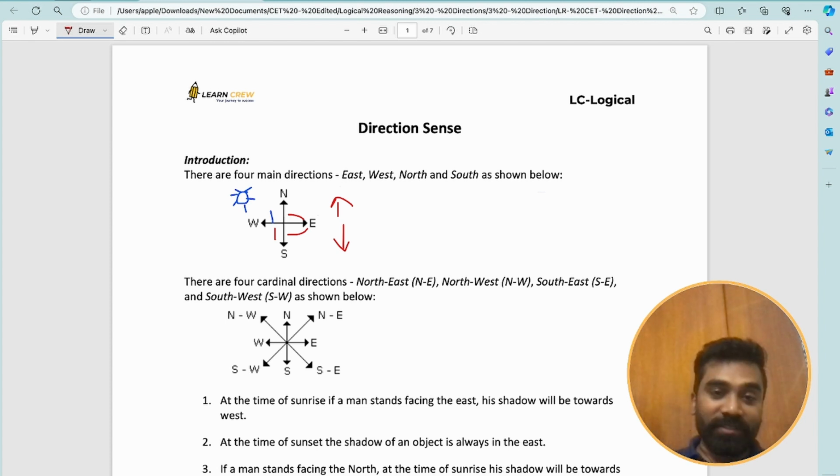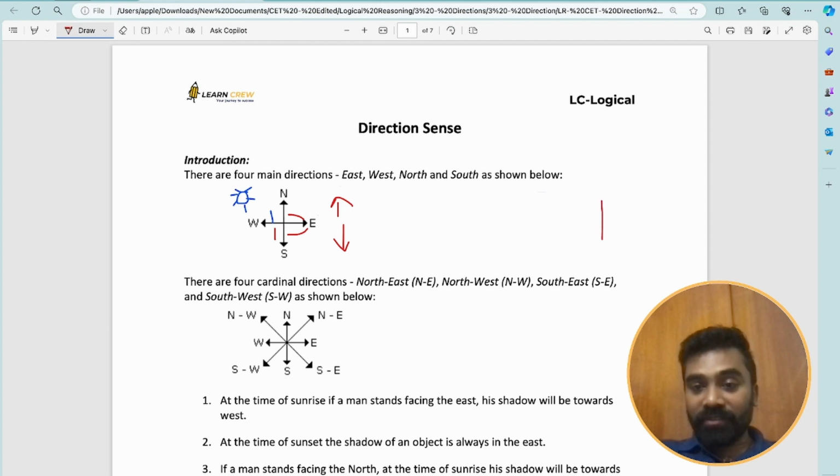The third type of question might be like this, where I am telling a person is moving 5 kilometers north, and then turning right for 4 kilometers.